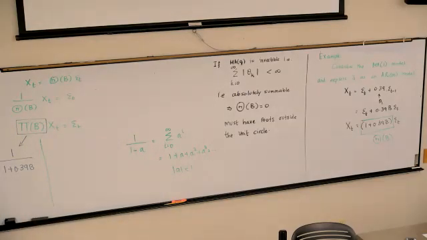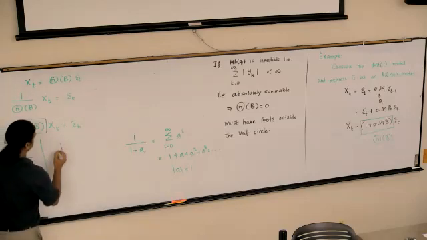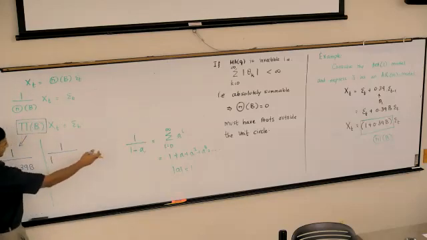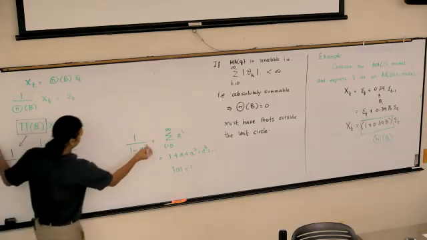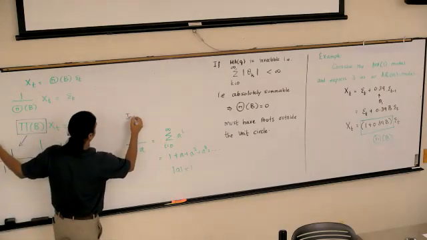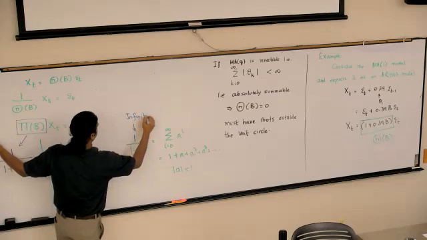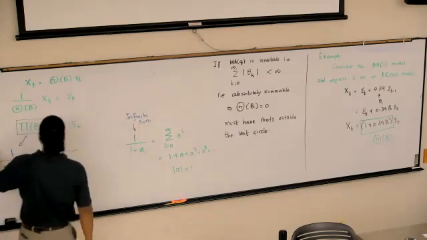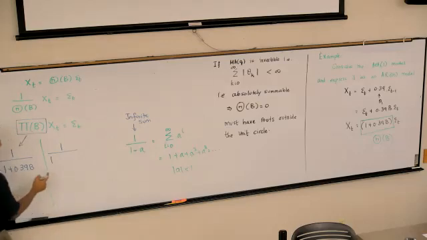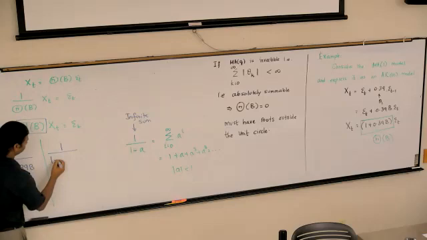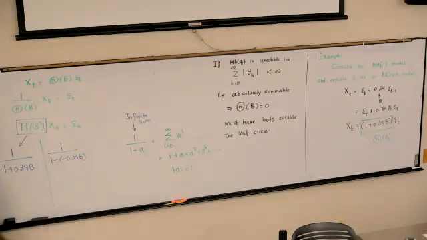Correct? So we have uppercase pi of B. I need that infinite sum. This is the infinite sum of a geometric series. Since I have negative a in the denominator, I can do that.